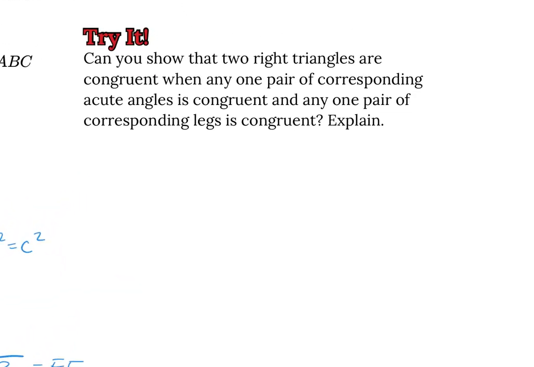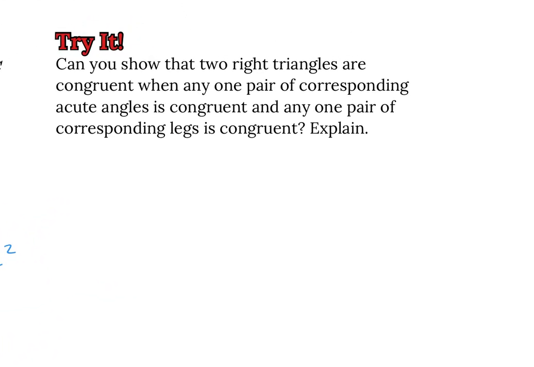All right, or try it. Can you show that two right triangles are congruent when any one pair of corresponding acute angles is congruent, and any one pair of corresponding legs is congruent? So first we're going to draw some triangles. And I'm going to duplicate this.